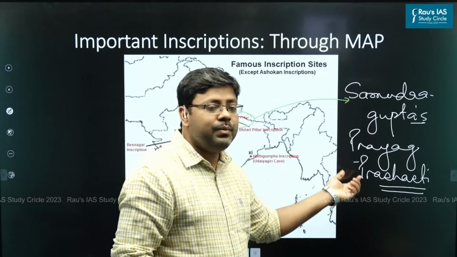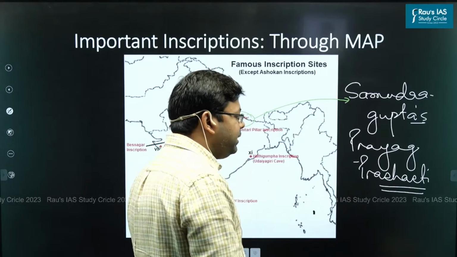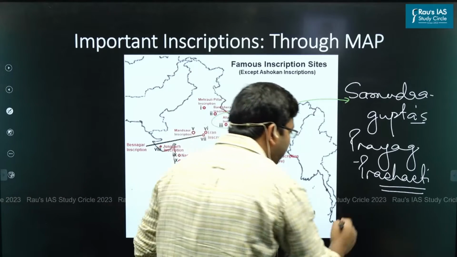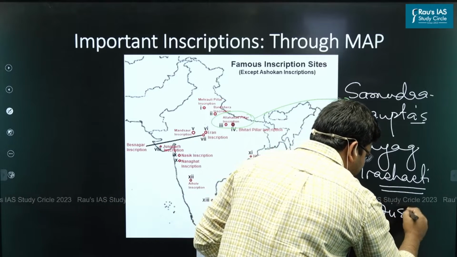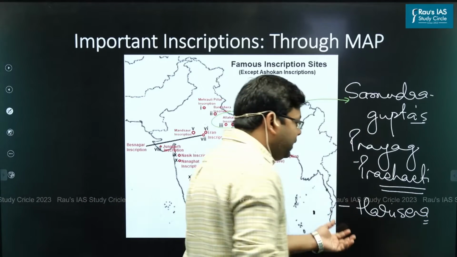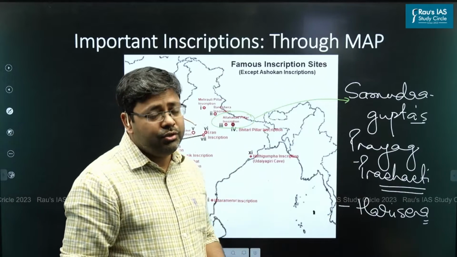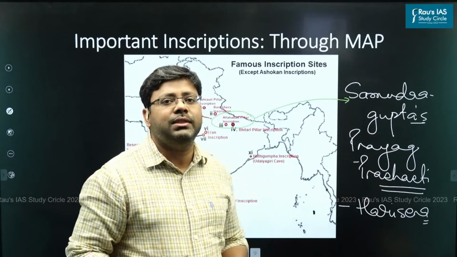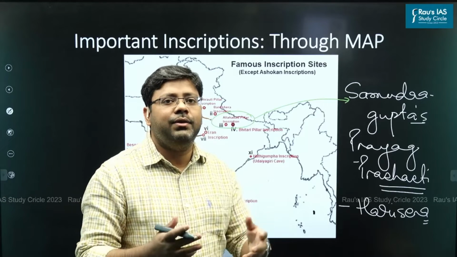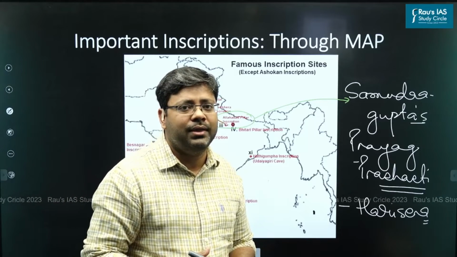This Prayag Prashasti was written by the court poet and one of the ministers of Samudragupt, Harisen. Again, additional information that you should have here is that this Samudragupt Prayag Prashasti is written below the inscription of Ashoka that we have found from Allahabad.